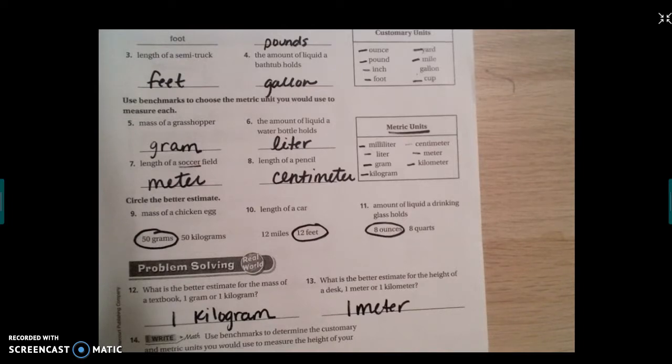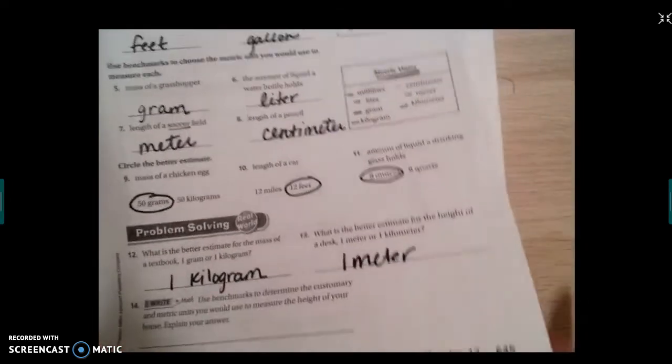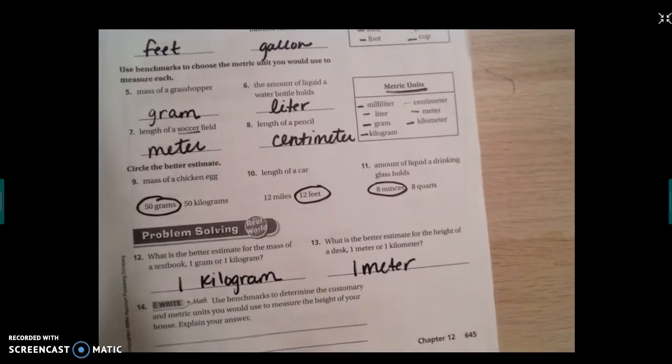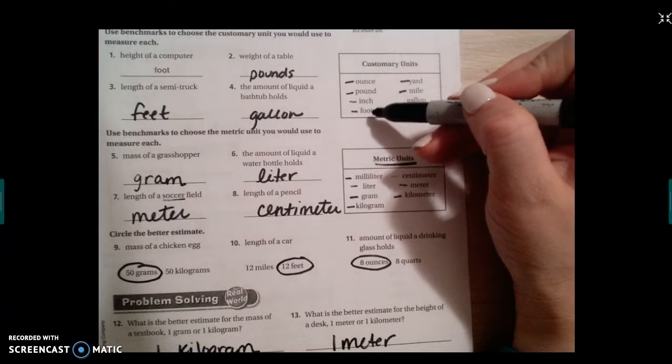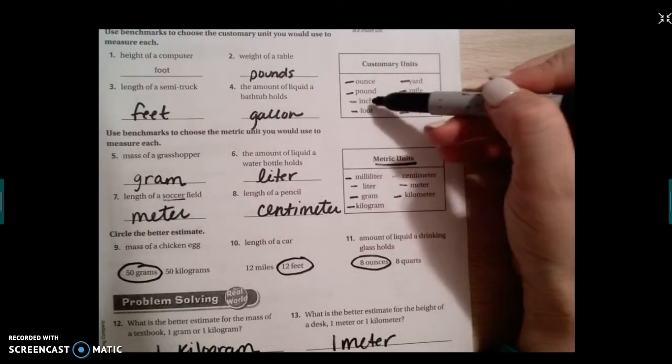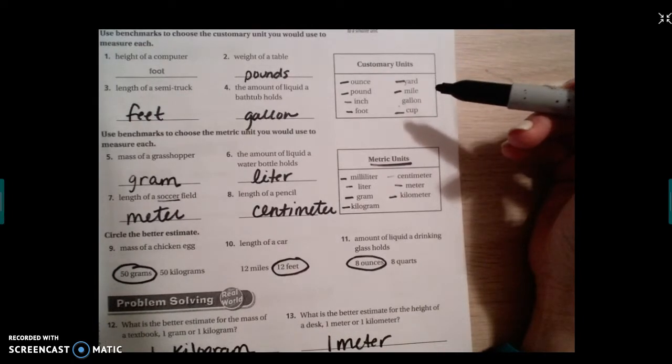So the next one says you're going to use the benchmarks to determine the customary and metric units you would use to measure the height of your house. Okay, so for customary, for height or length, we have inches, feet, yards, or miles for the height of your house.